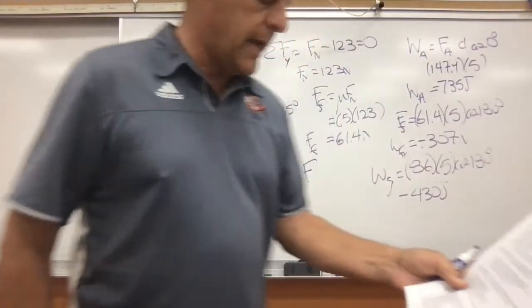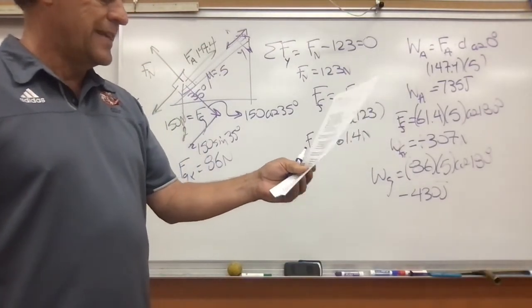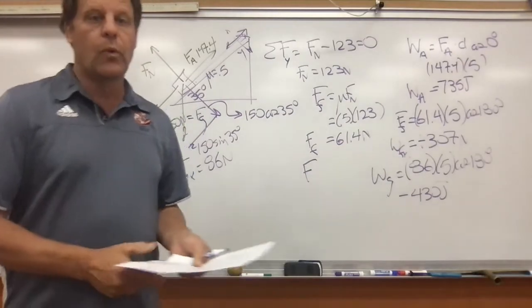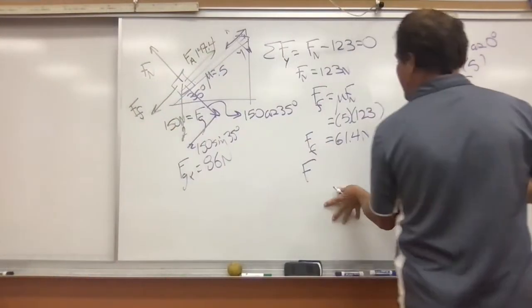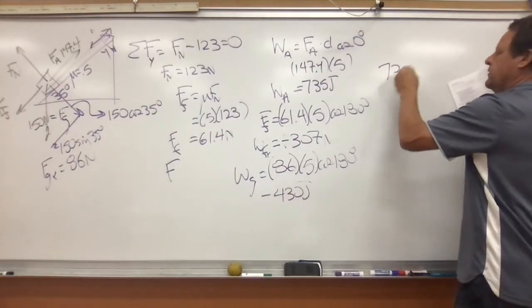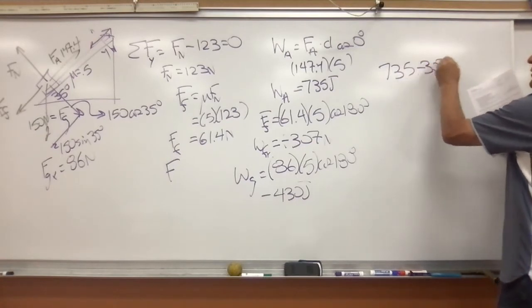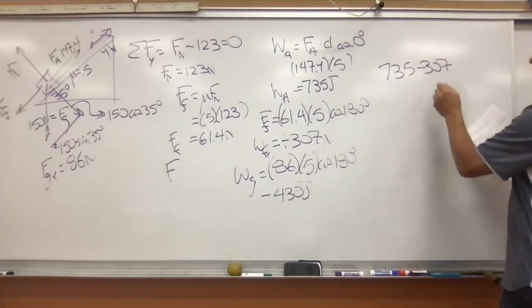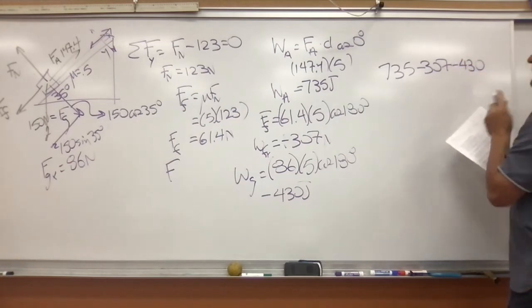And we can now say, what is the net work done? And so we're going to add all these works together. So we're going to get 375 minus 307 minus 430.